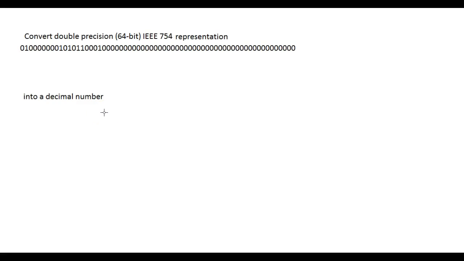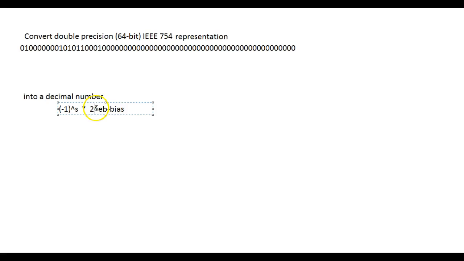If you recall, we start out with the formula on the slide from lecture: -1 to the power of the sign bit, times the base, which in binary is 2, to the exponent plus bias minus the bias. So I'm just going to say for short EB minus bias.